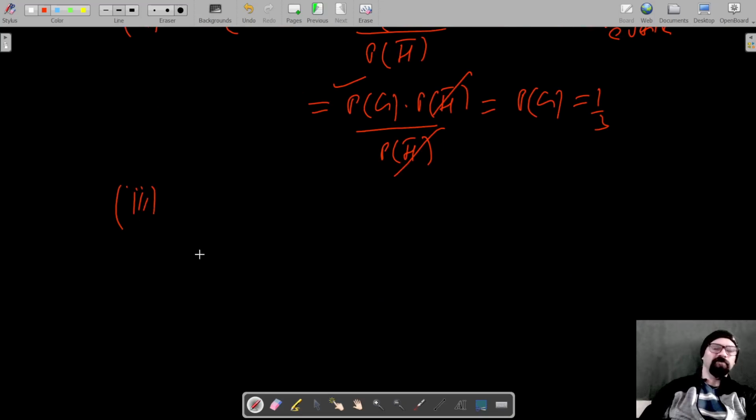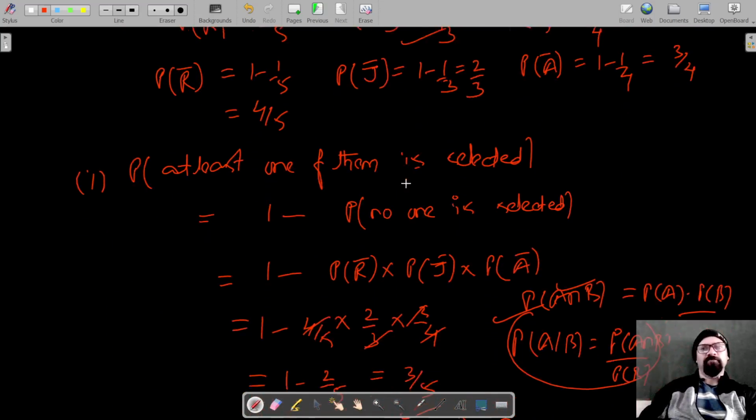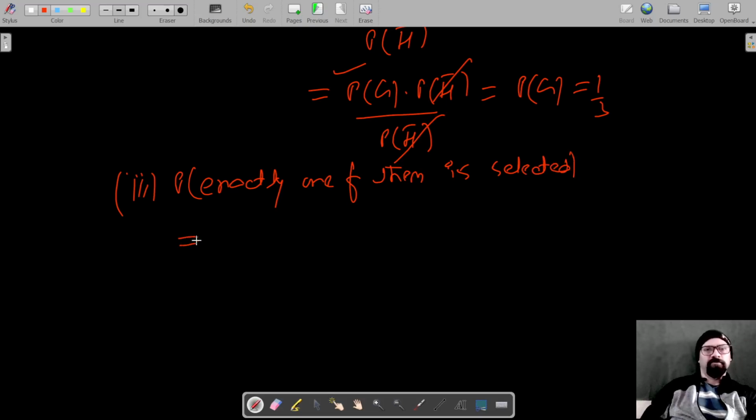Okay, for the next part, we have to find the probability that exactly one of them is selected. There are three, so exactly one selected means one is selected and the other two are not.